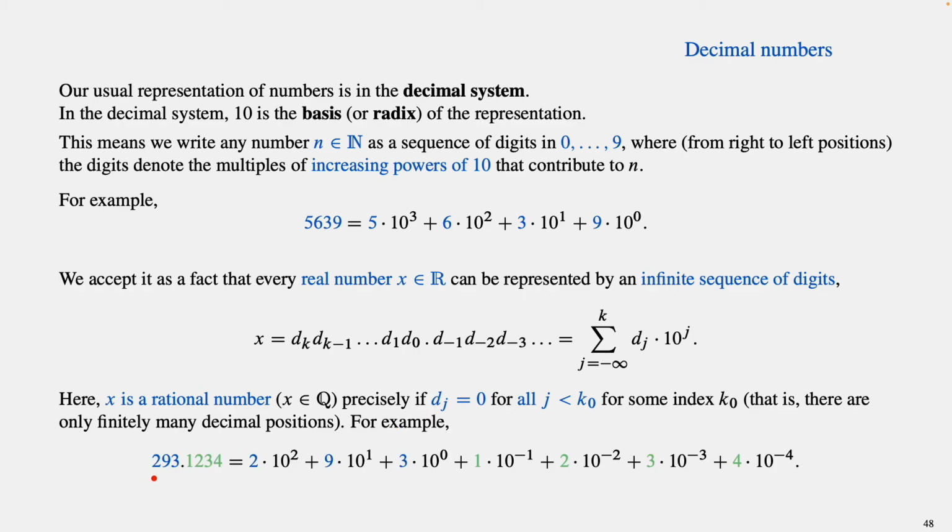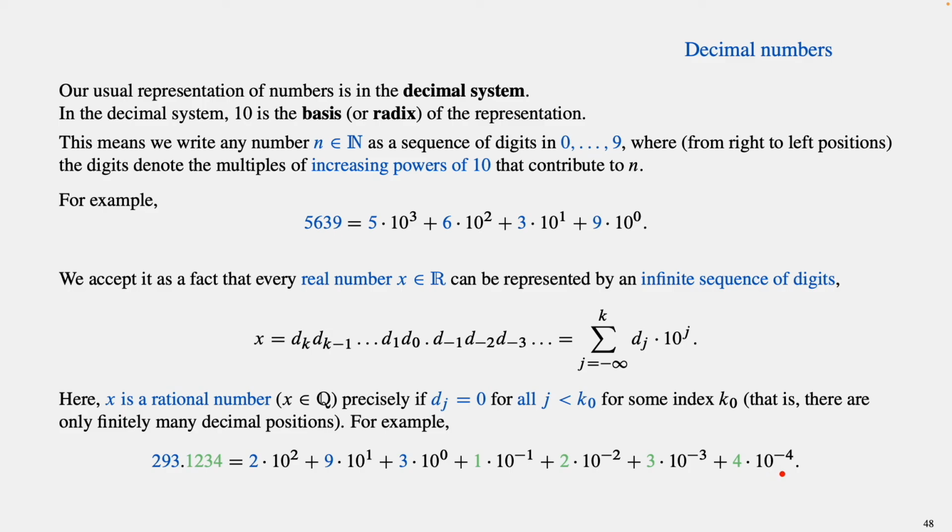So for example here, 293.1234. So here the integer part and here the fractional part of the number. This is then 2 times 100 plus 9 times 10 plus 3 times 1 plus 1 times 1/10, 2 times 1/100th, 3 times 1/1,000th, and 4 times 1/10,000th.